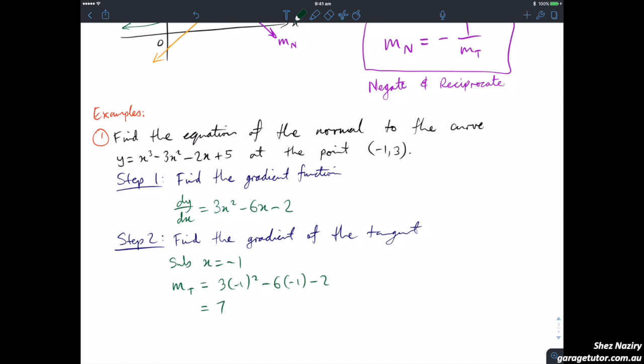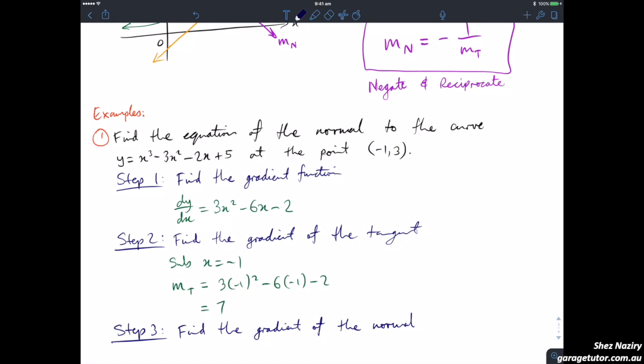But the thing is that I don't want the equation of the tangent this time. I want the equation of the normal. So we need to add in one more step, guys. What you do here: find the gradient of the normal. How do we define the normal, guys? It is perpendicular to the tangent.